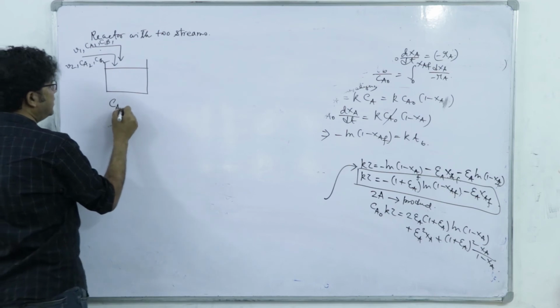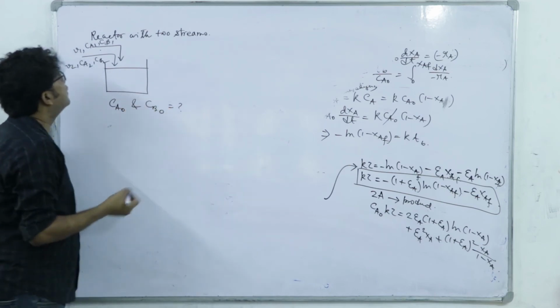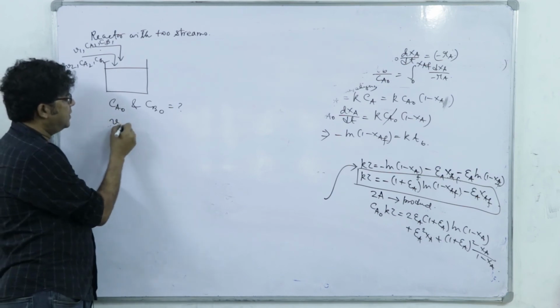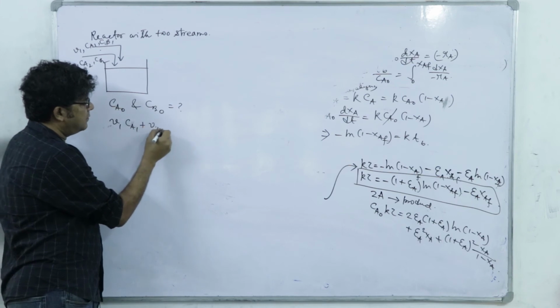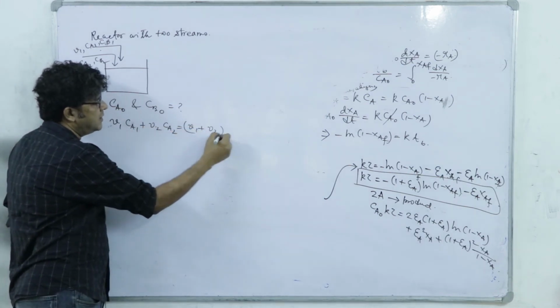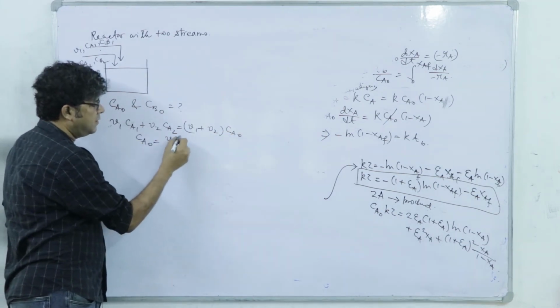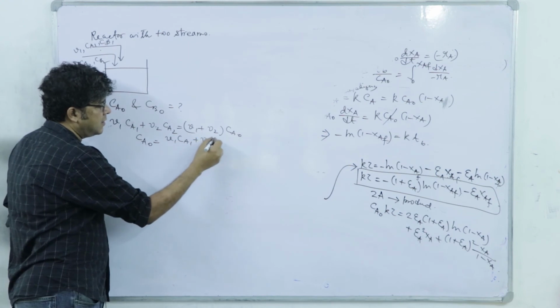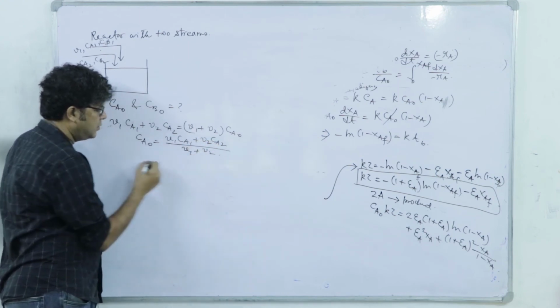Now, what will be the Ca0 and Cv0? It is obvious that we will write V1 into Ca1 plus V2 into Ca2 equal to V1 plus V2 into Ca0. So Ca0 becomes V1 Ca1 plus V2 Ca2 divided by V1 plus V2.